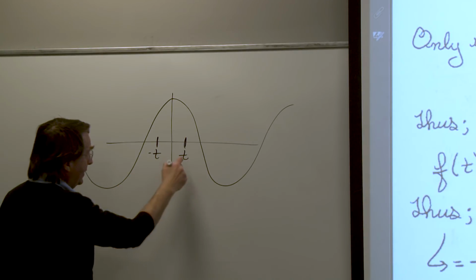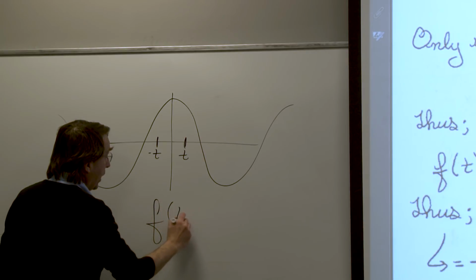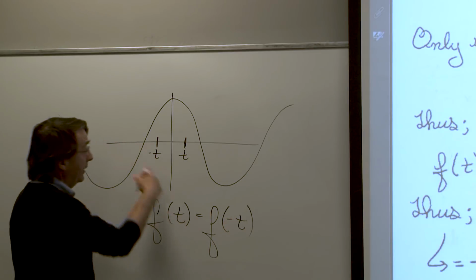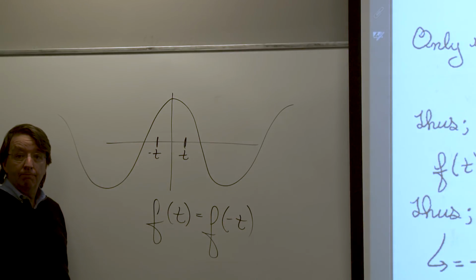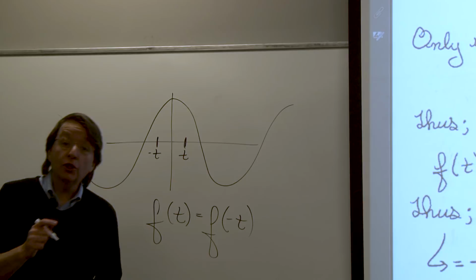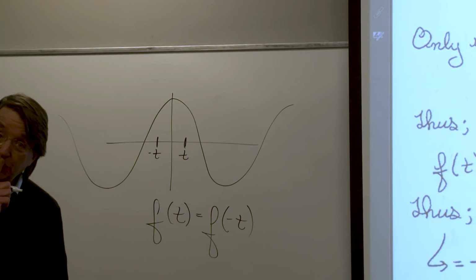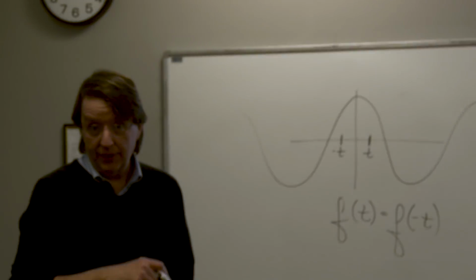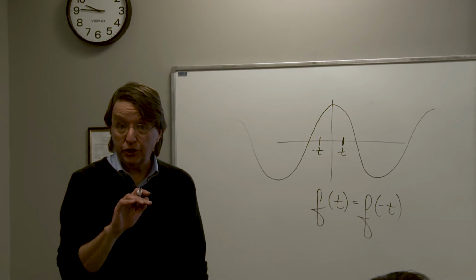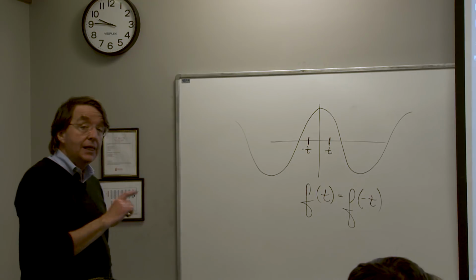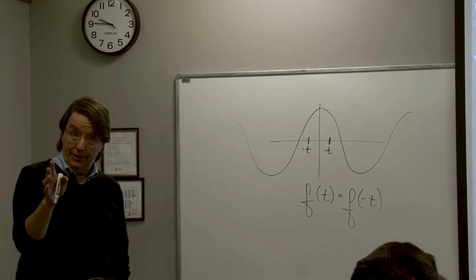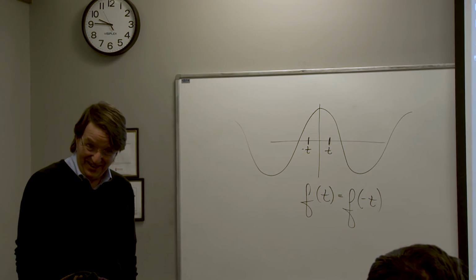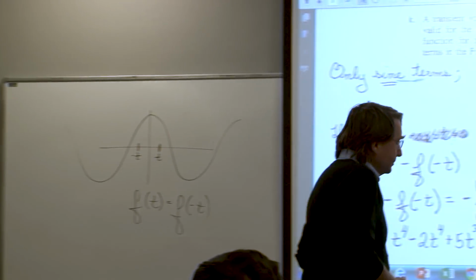So what we get then is f of t equals f of minus t. So this would be an even function. So if I had, as you pointed out, changed the problem to say, okay, I want only cosines, then we'd have to use the even function, and it would be f of t equals f of minus t. Excellent. Great. Did I do okay? Great. Thank you. Perfect. All right.